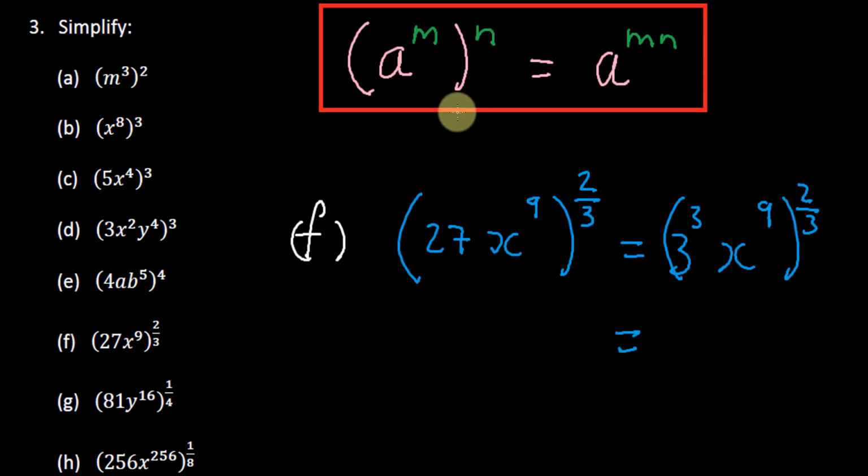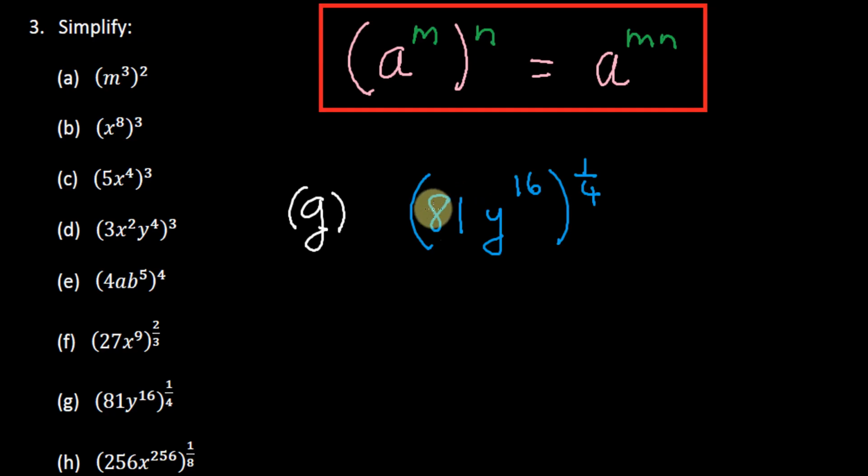Now we can use this law and multiply the powers. So 3 times 2/3, of course, is 2. 9 times 2/3 is going to be 6. Now we simplify. 3 squared is 9. So 9 times x to the 6.